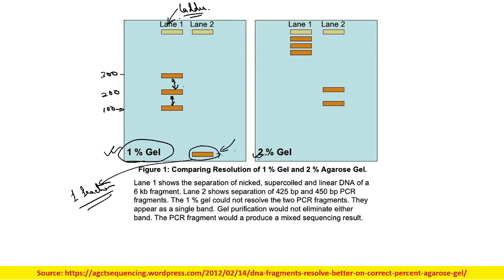However, if you see, when we increase the gel concentration over here, what has happened? The separation over here has decreased. The separation between the 100 base pair, 200 base pair and the 300 base pair has decreased significantly. Okay.